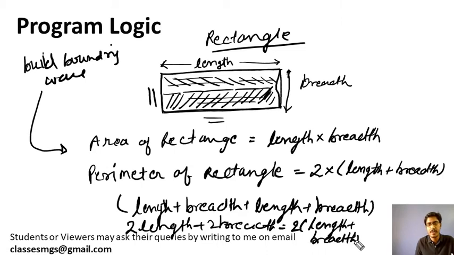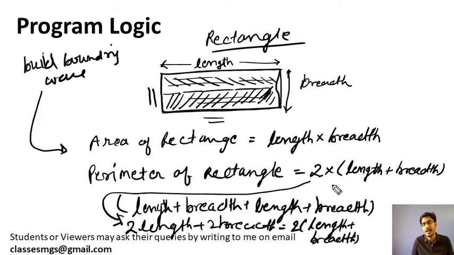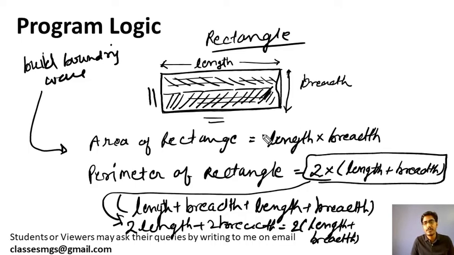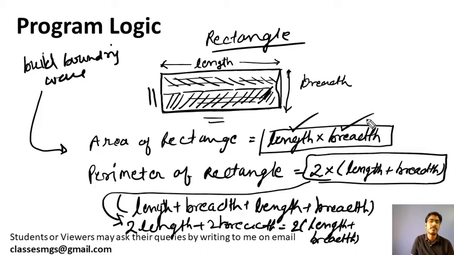This is how this formula is developed. I have explained the meaning of perimeter and how this formula comes about. We already know the concept of area. Area means the area covered by this boundary wall. This will be length into breadth.